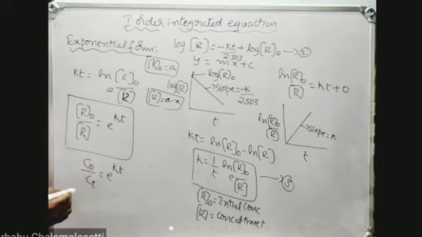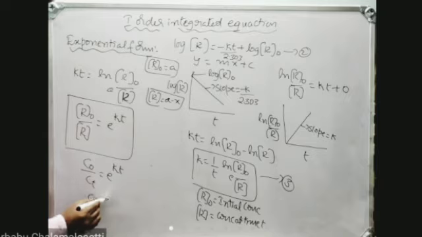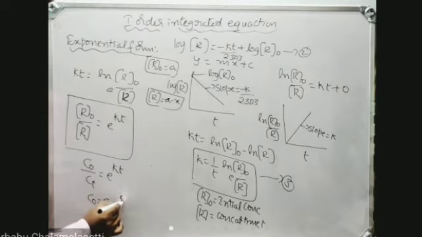Or we can write C naught is equal to Ct into e power kt.